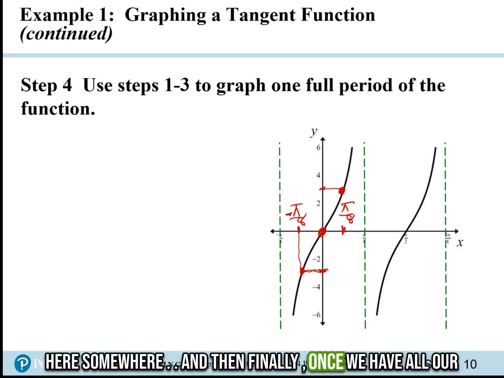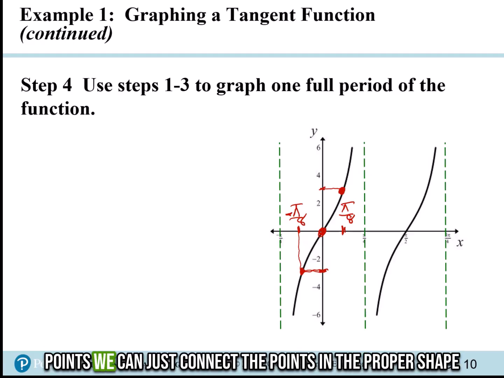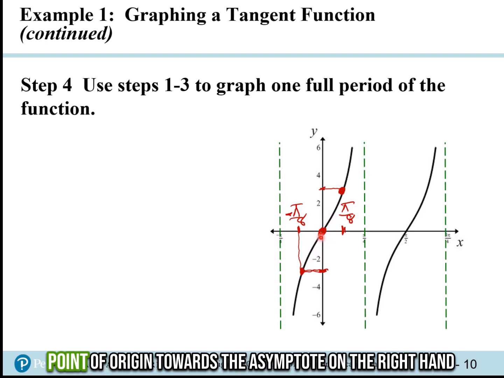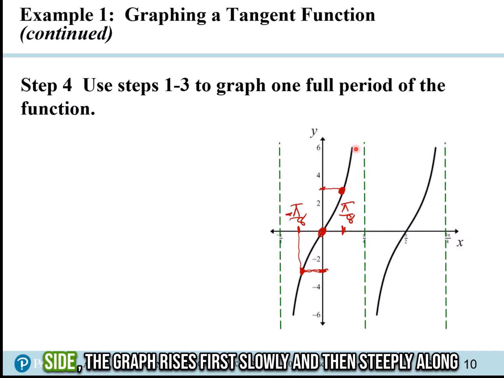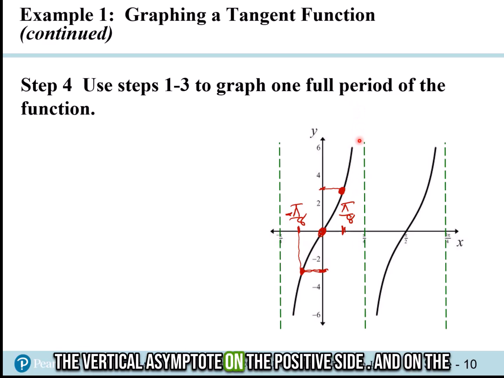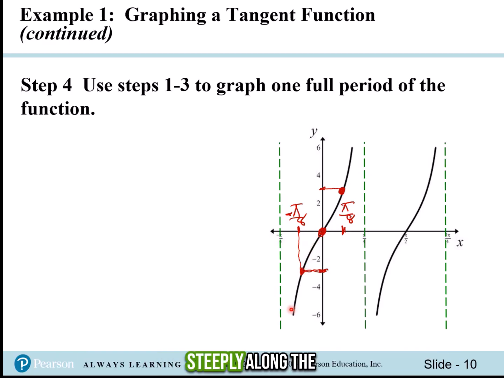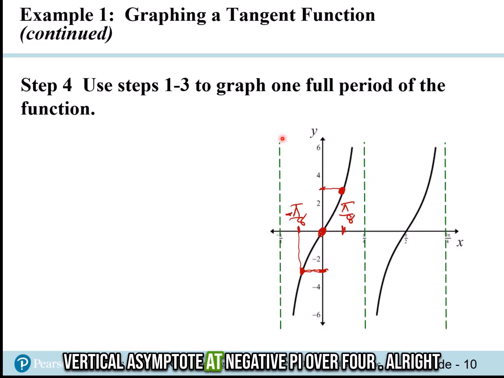And then finally, once we have all our points, we can just connect the points in the proper shape from the point of origin towards the asymptote on the right hand side. The graph rises first slowly and then steeply along the vertical asymptote on the positive side, and on the negative side the graph drops first slowly and then steeply along the vertical asymptote at -pi/4. All right.